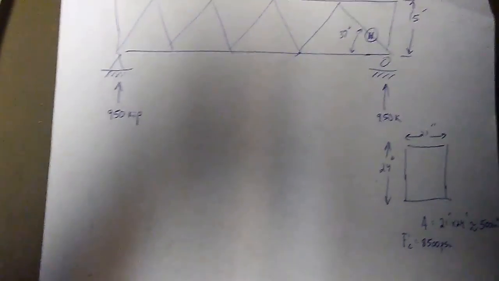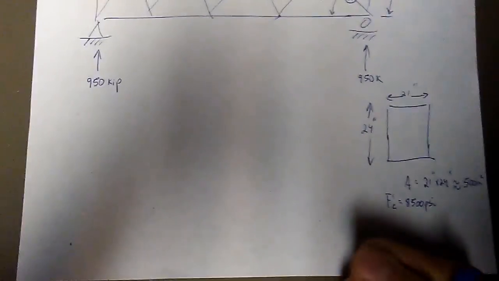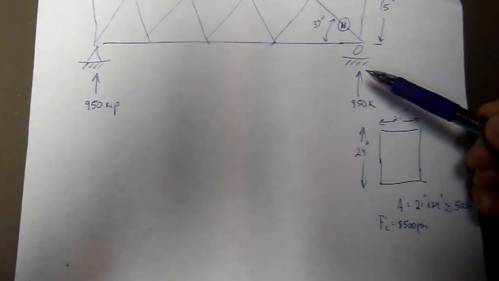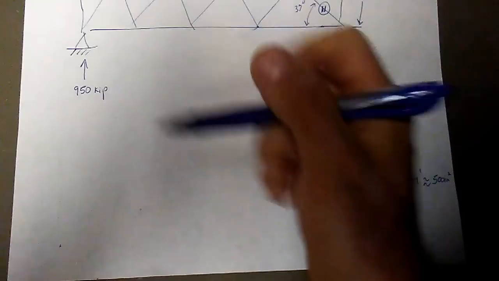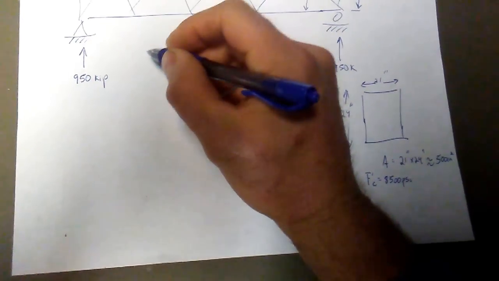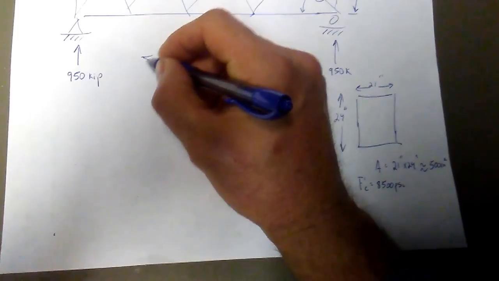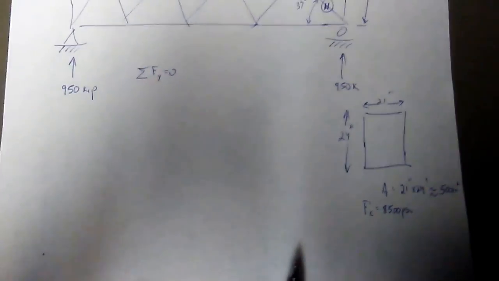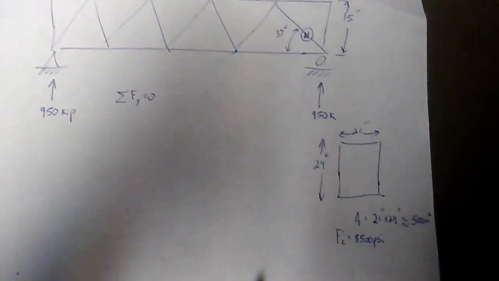Okay? Now, in order to figure out the force in the member, this is a very basic principle: the sum of the forces in the vertical direction must equal 0.